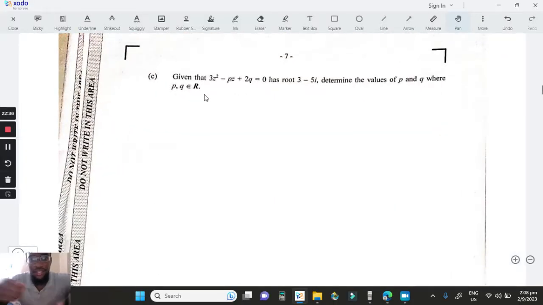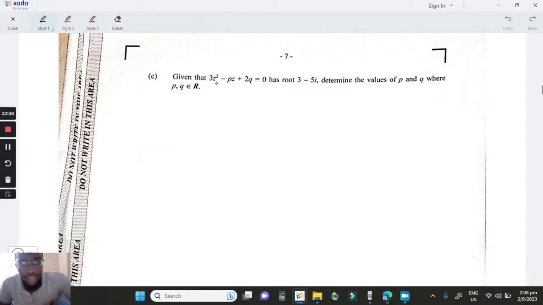Part C says, given that 3z squared minus pz plus 2q equals 0 has root 3 minus 5i, determine the values of p and q. Remember that complex roots occur in conjugate pairs. So let alpha and beta be the roots.